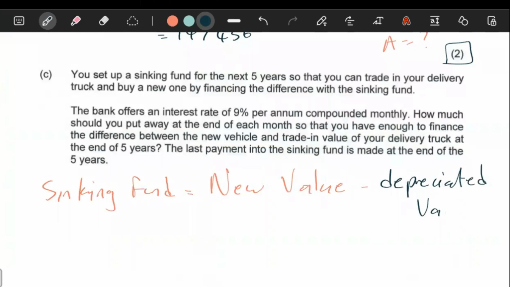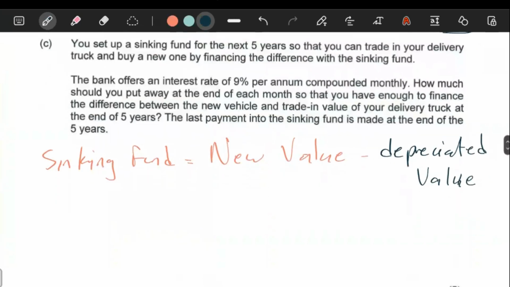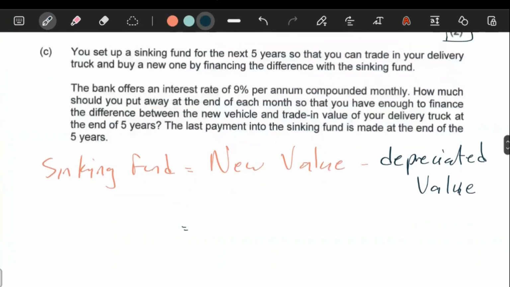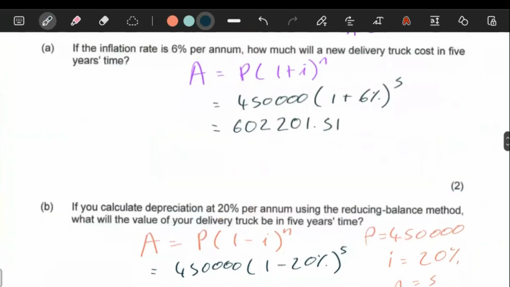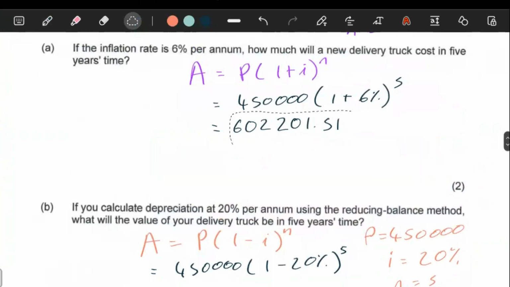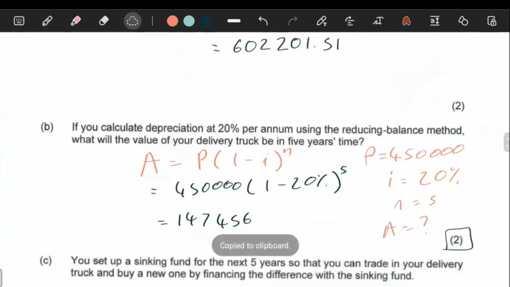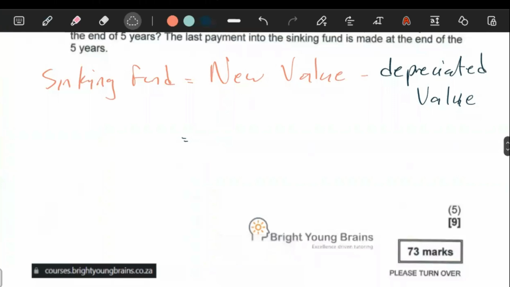That's what your sinking fund is. So before we even read the rest of the question, remember the new value of the truck is this much when it is being hammered by inflation.